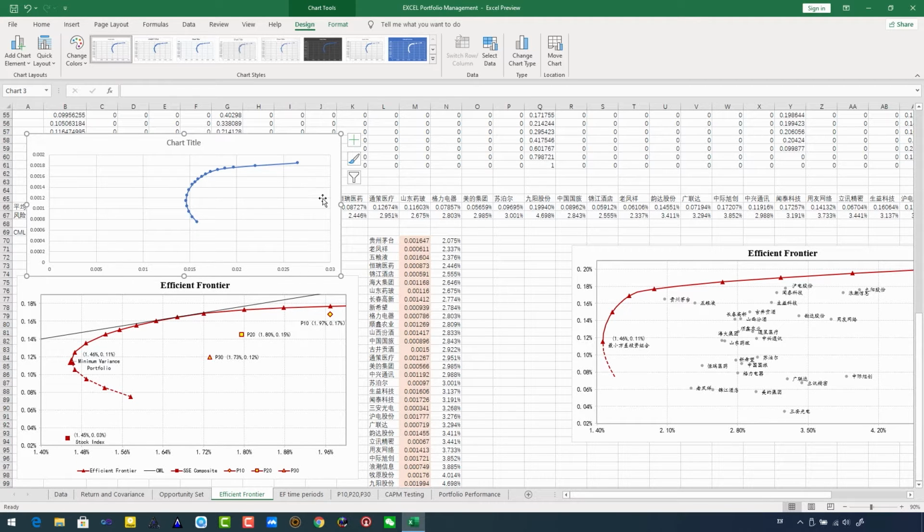After that you can finish your efficient frontier. From this minimum variance portfolio, the upper part is your efficient frontier.